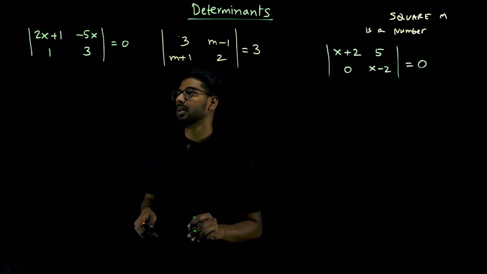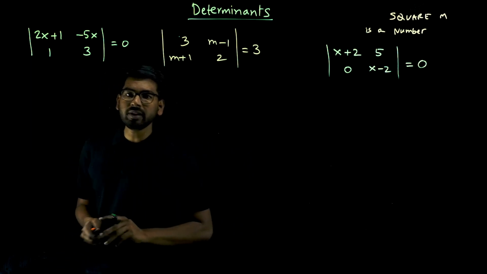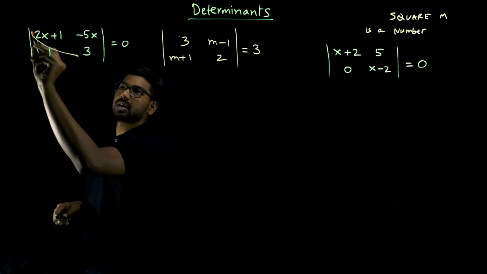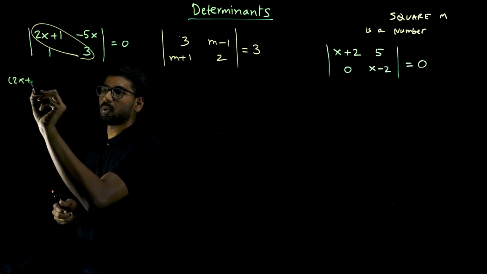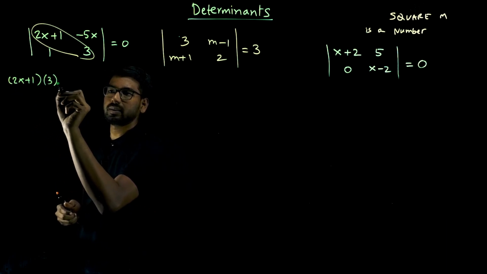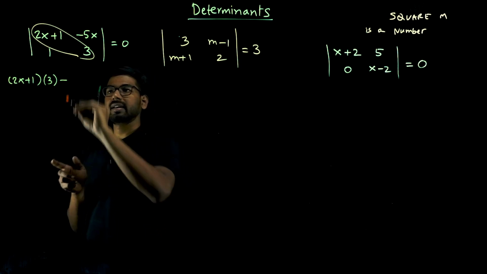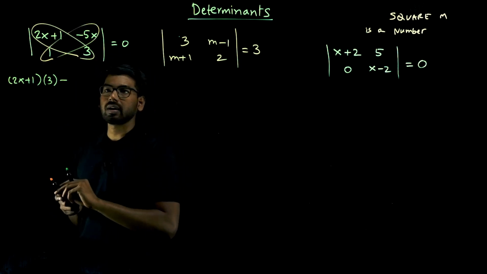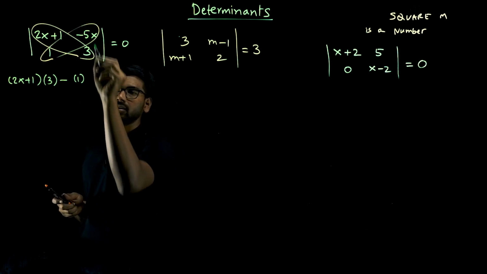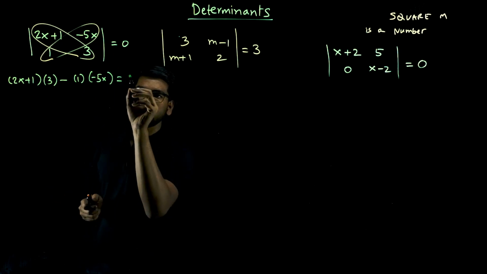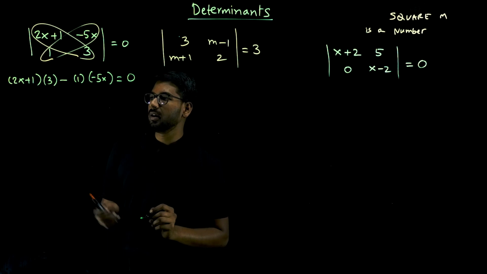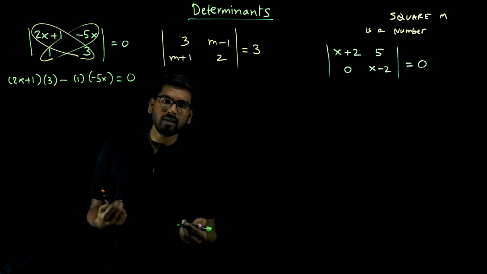Let's do this. How do you find the determinant? Diagonal elements product, 2x plus 1 into 3, minus the remaining diagonal elements product, 1 into minus 5x, is equal to 0, as given. In this equation we are going to find x.